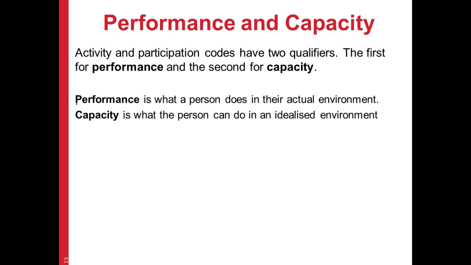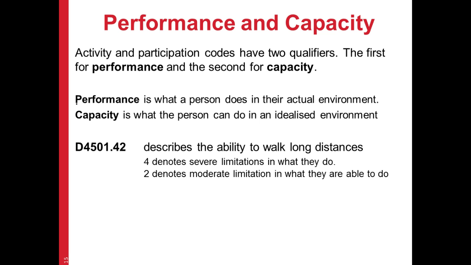A gait analysis laboratory is a good example of an idealized environment. By definition, the performance qualifier, what a person does in their actual environment, should always be greater than or equal to the capacity qualifier, what they are capable of doing in an idealized environment.